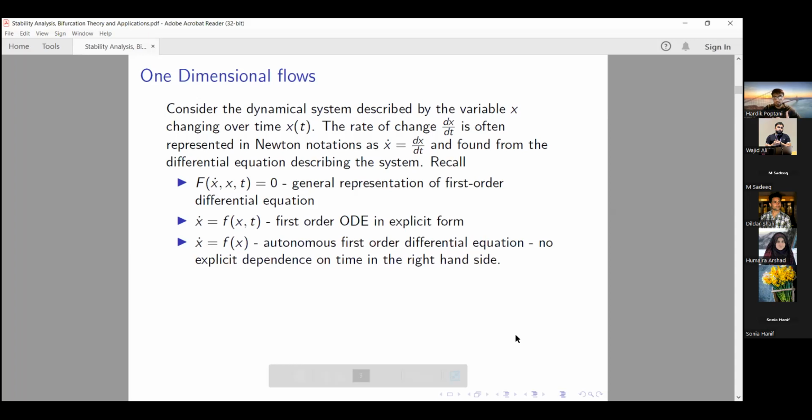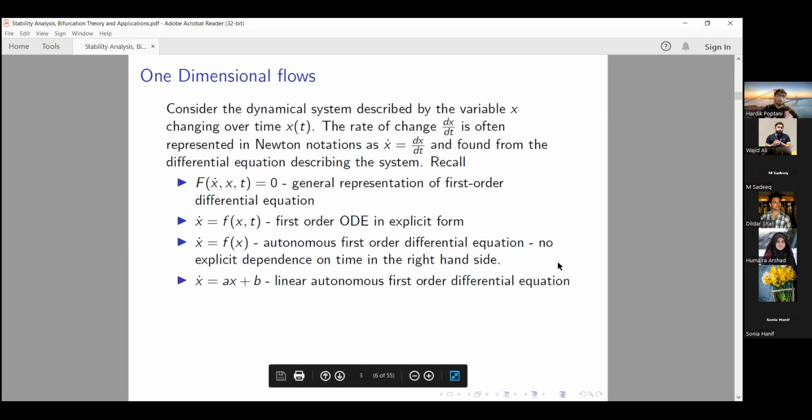So no explicit dependence on time on the right side. It's just x. And let's look at an example where x dot is equal to ax plus b. This is a linear autonomous first order differential equation where a and b are both constants.